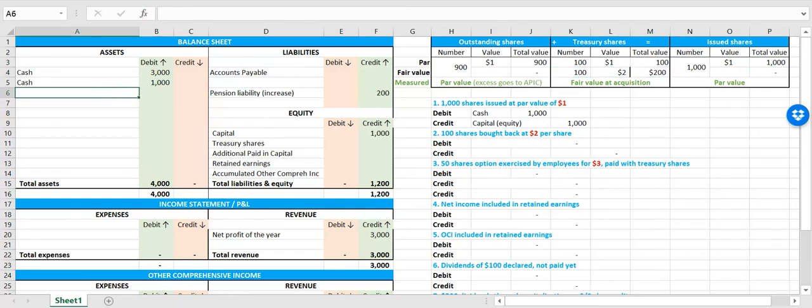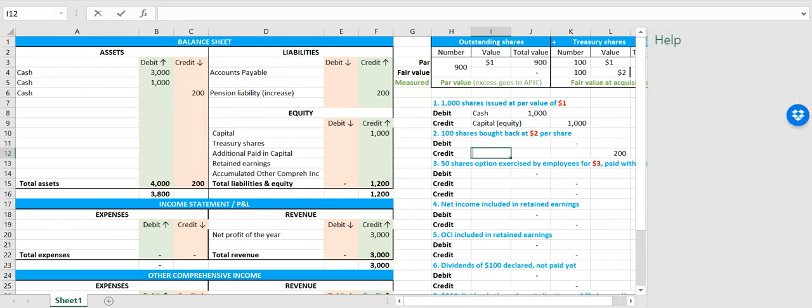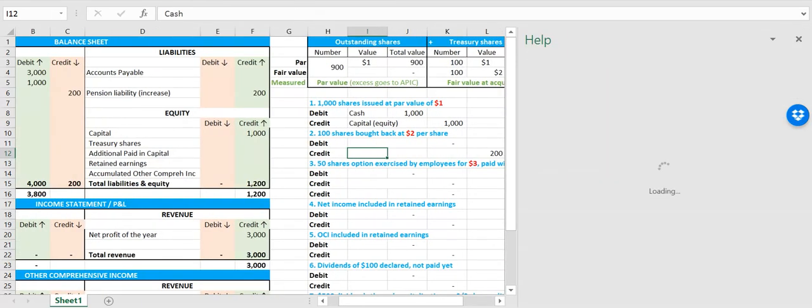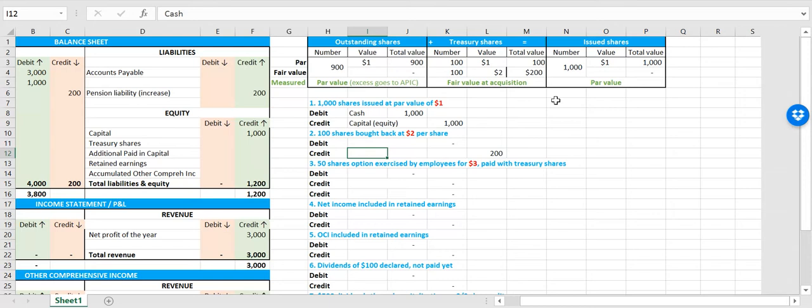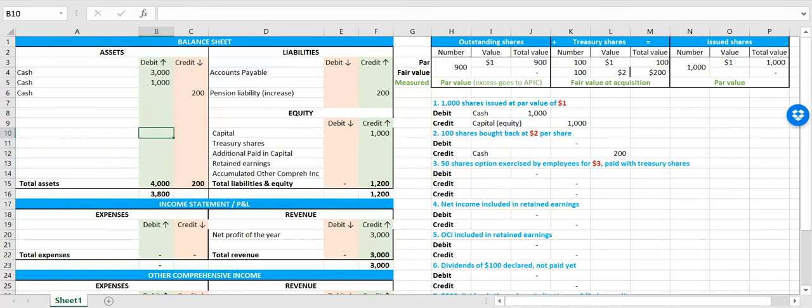So we paid for the shares, 100 shares at $2 each. So that's cash going out. And now the question is, where are we gonna show those shares?